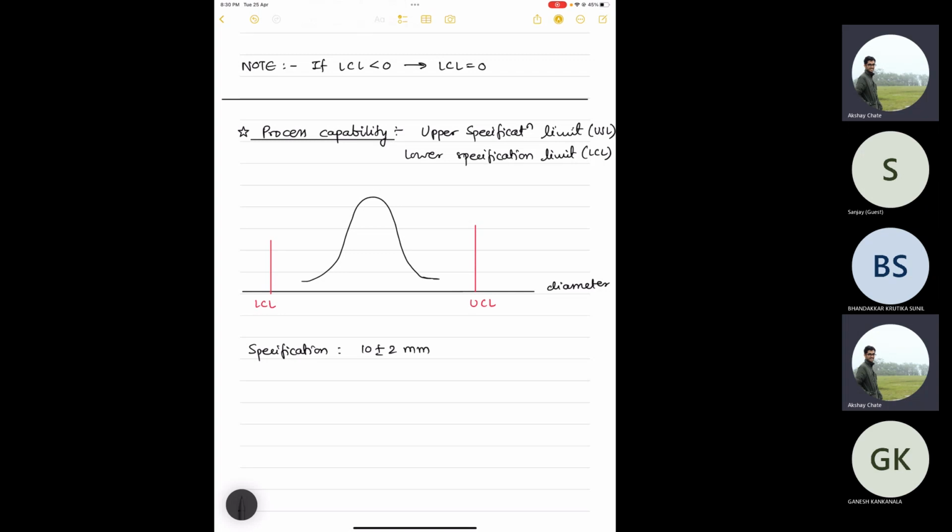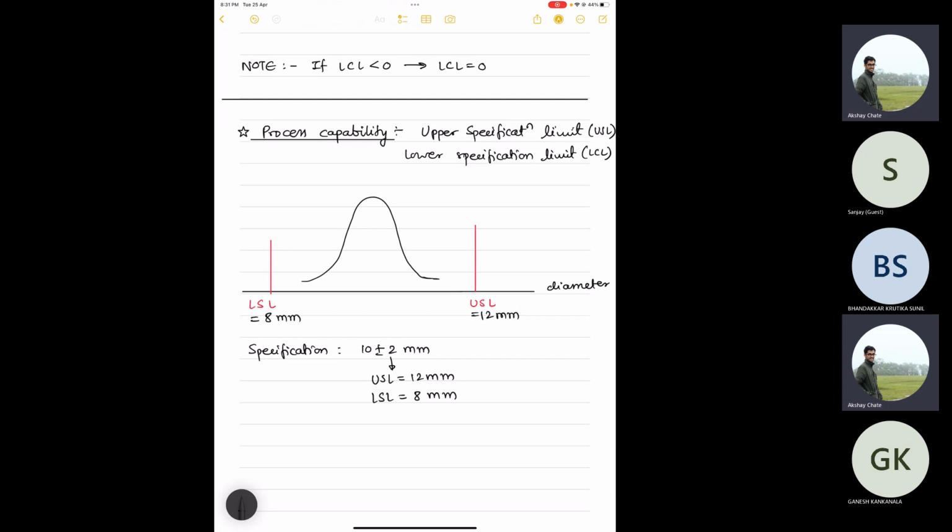So your USL will become, as per the requirement, 12 mm. And your LSL will become 10 minus 2, which is 8 mm.